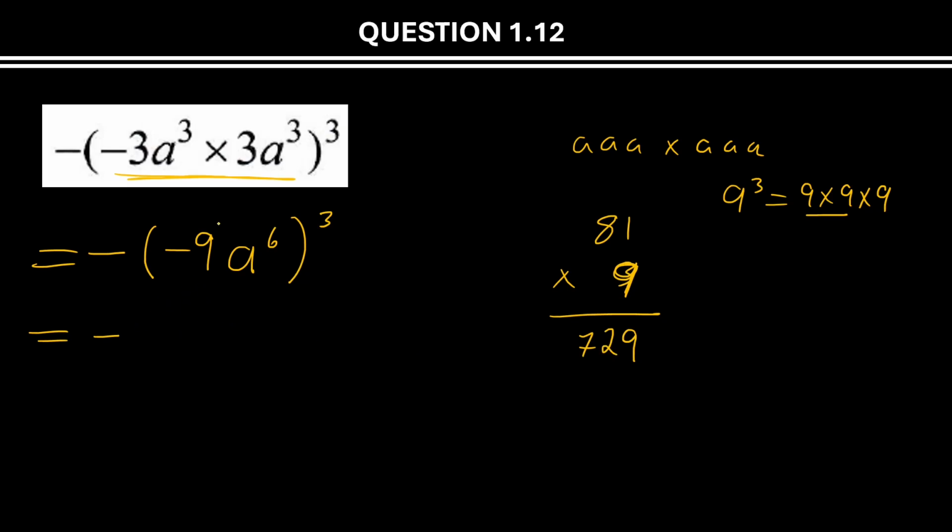And it's going to stay negative because of the uneven exponent. So negative 729, and then a, so 6 times 3, that gives us 18. And then minus and minus becomes a positive, so we have 729 a to the power of 18.